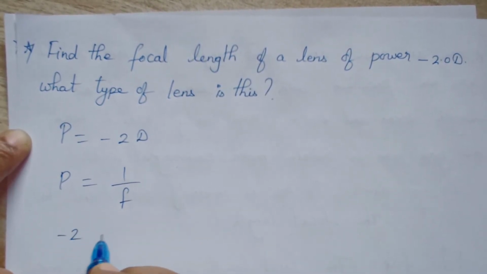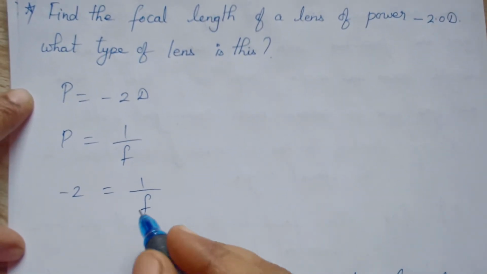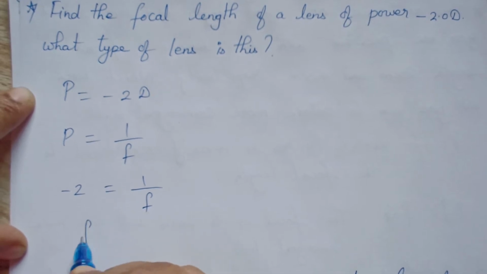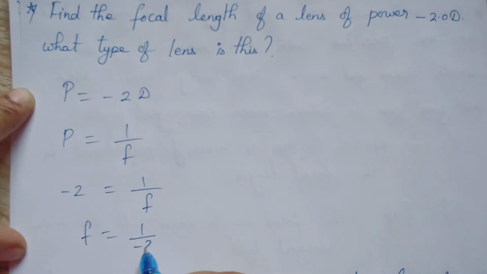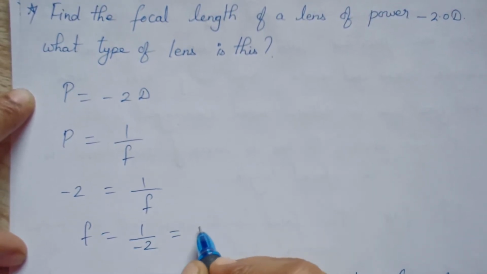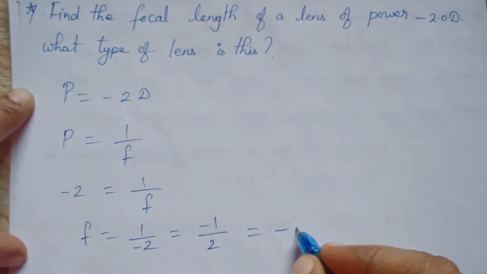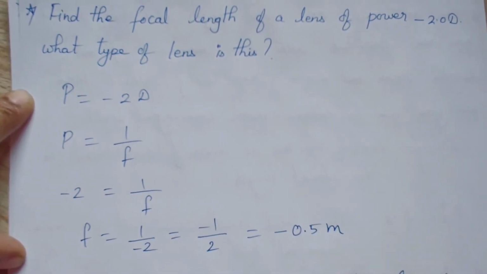P is minus 2, that is equal to 1 by f. We need to find the value of f only, so we can transpose, it becomes f equal to 1 by minus 2. Always remove the negative sign from the denominator, it becomes minus 1 by 2, that is equal to minus 0.5 meter.